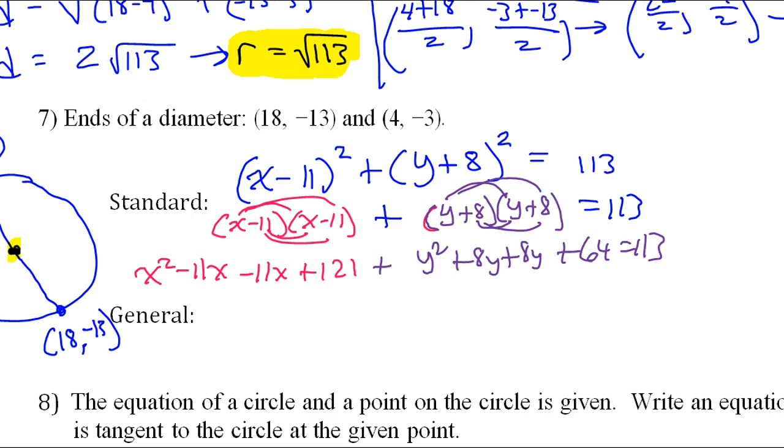If I start combining like terms, I'm going to get x squared, and then I need y squared. Putting these 11 x's together, that's going to be negative 22x. And then next I need the y, so that'll be plus 16y. Now these constants, I am going to have 121 plus 64, so that's 185.